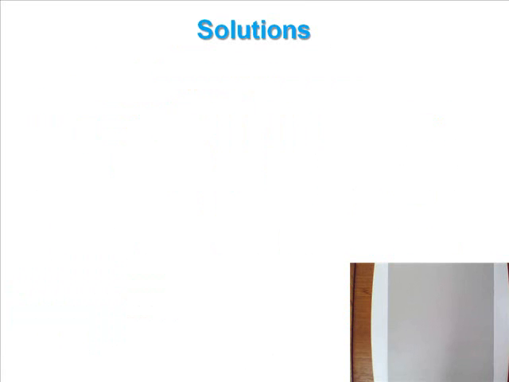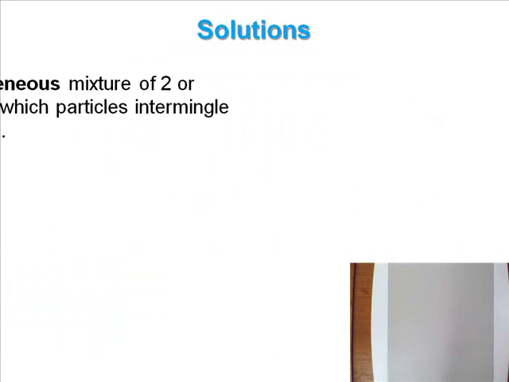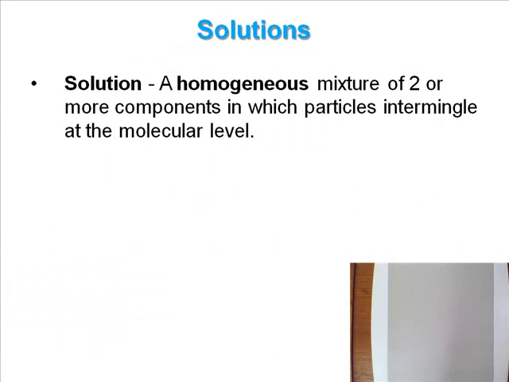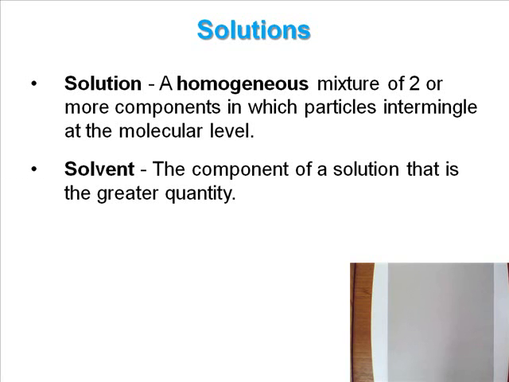Now we want to take a look in this unit at solutions. And solutions are homogeneous. They belong to the category of the homogeneous. Two different types of materials are intermingling with each other at the molecular level. Now, when you have a solution, there are two parts to it.